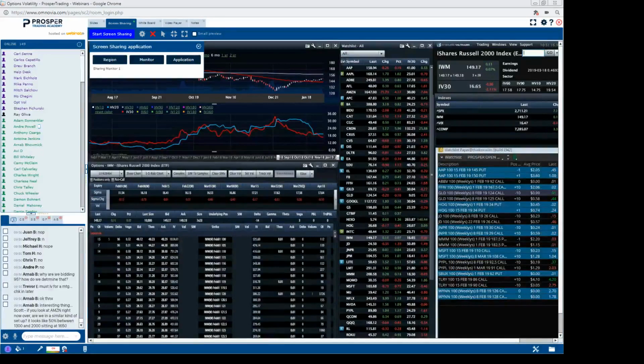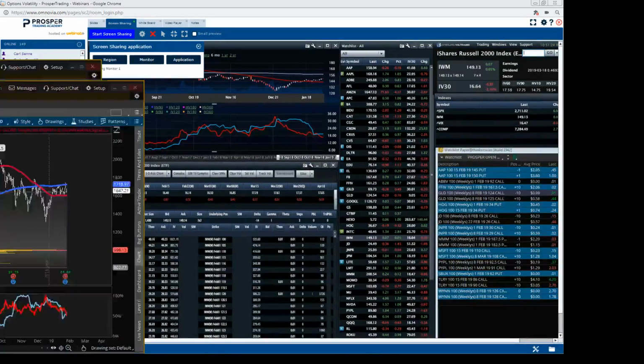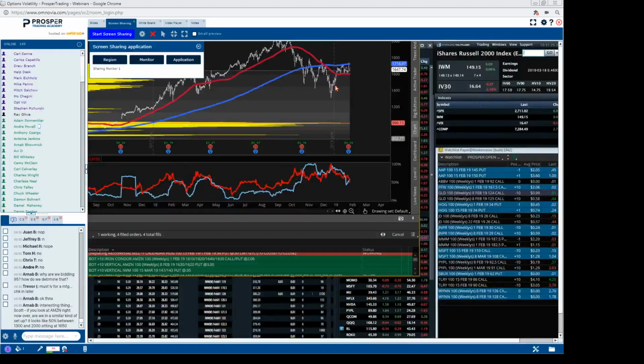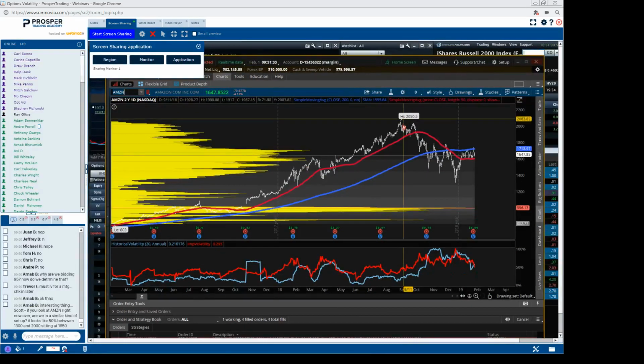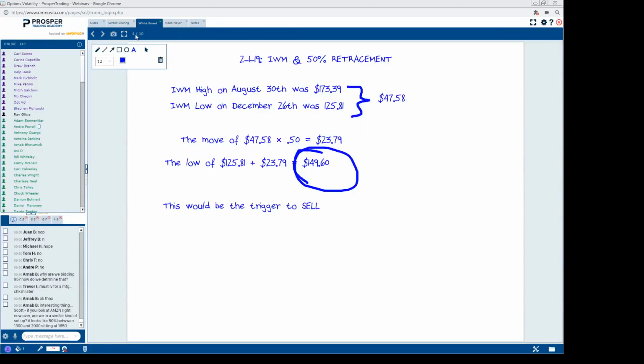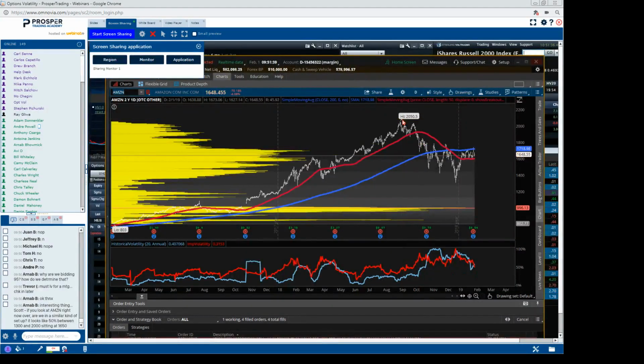Okay, now Arnab, first off, let me bring in an Amazon chart. So if we did the same thing in Amazon, you can see a high of 2050 and the low during this period being 1310.